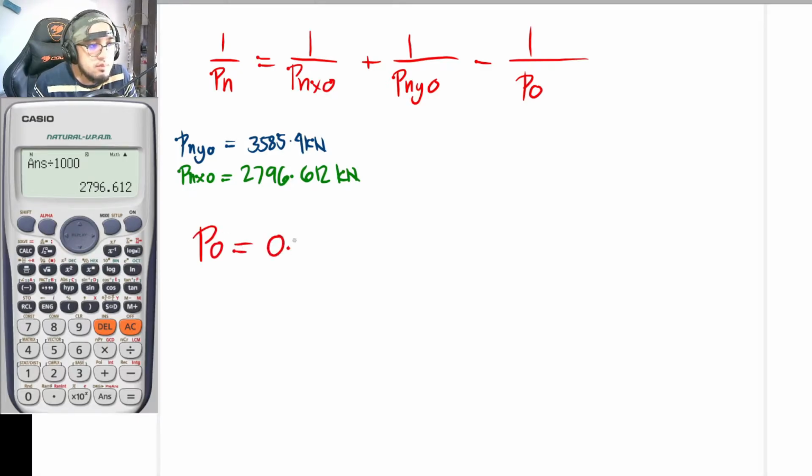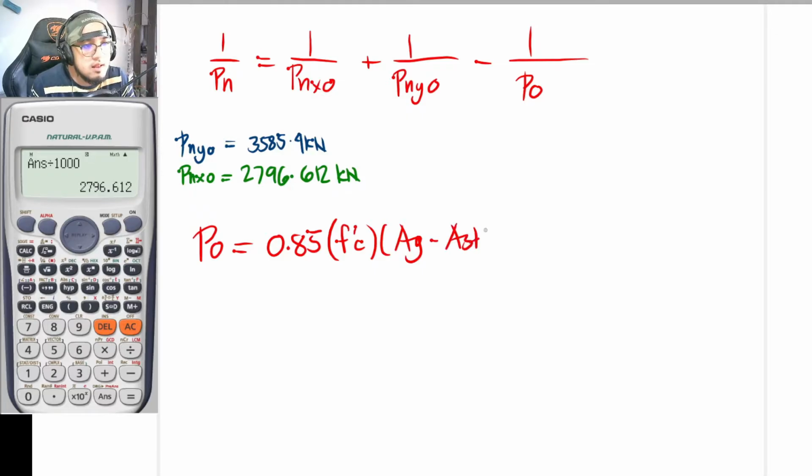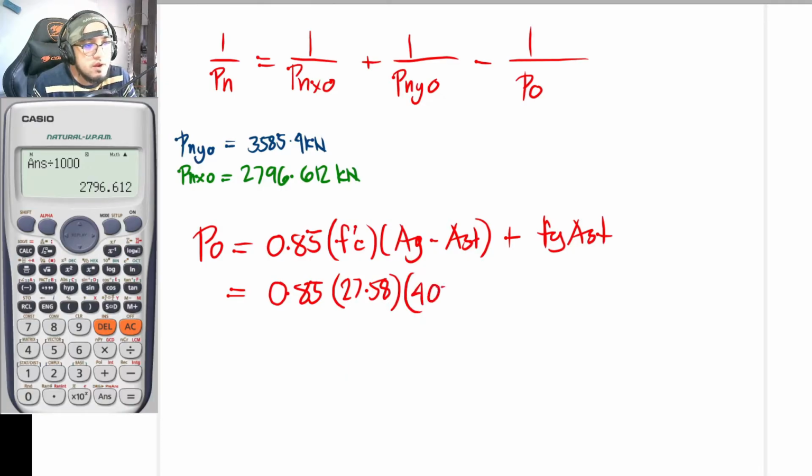So, yung PO natin is to be equal to 0.85. So, ulitin ko lang guys, yung PO natin is to be the force of a concentrically loaded column or the capacity of the concentrically loaded column. So ito, 0.85 times FC prime times area gross minus area steel plus Fy times area steel. So substituting known values, 0.85 times 27.58 times gross sectional area, that is to be 400 times 650 minus AST.